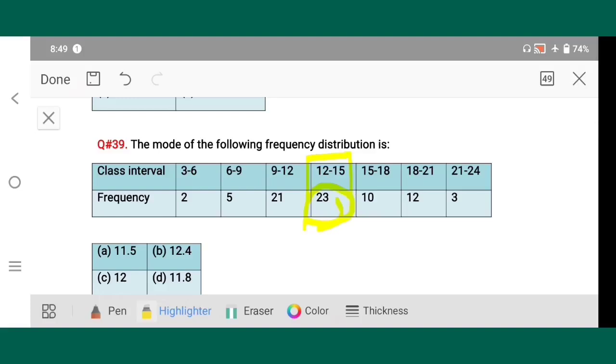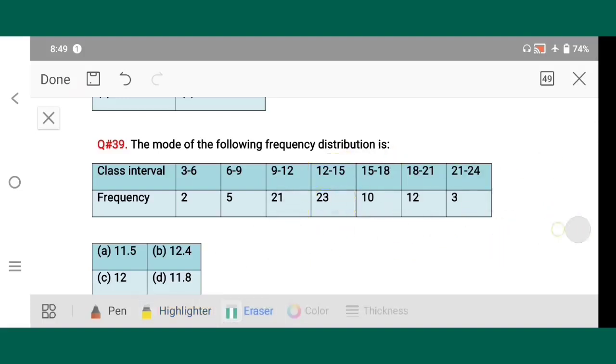So our L1 will be equal to 12, and Fm will be equal to 23. So Fm is this one.